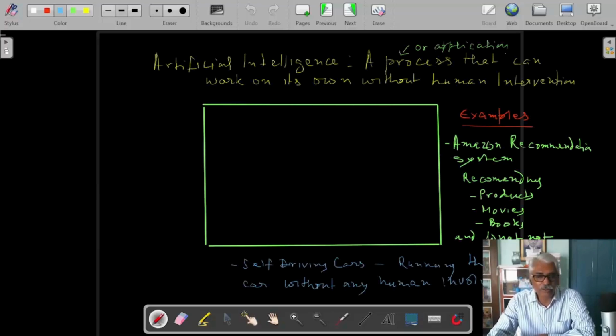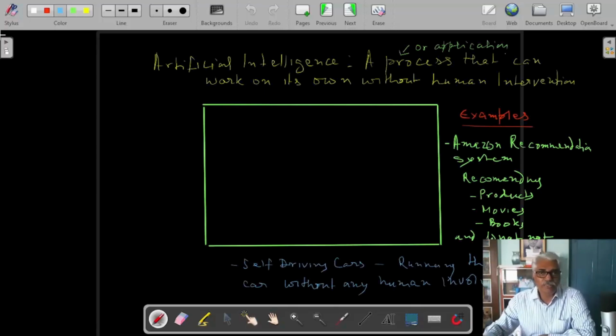That means you are not going to drive that car; it will automatically drive itself, and it will be able to identify the hurdles on the road, the people walking on the road, and maneuver itself so that nobody gets hurt, and it will take you to the destination without any problem. So that also works. There is some AI application working behind in such cases.